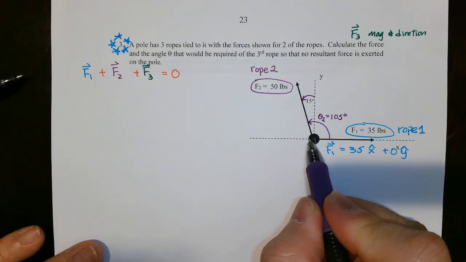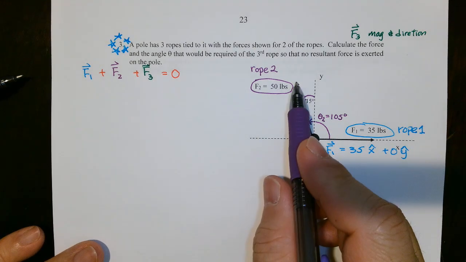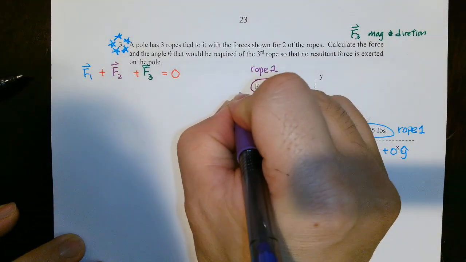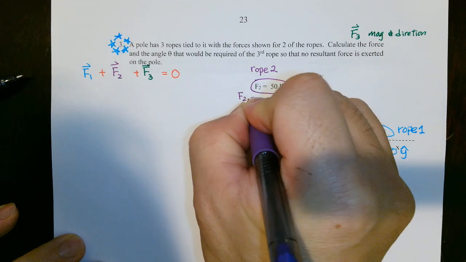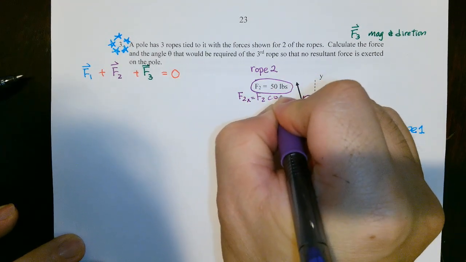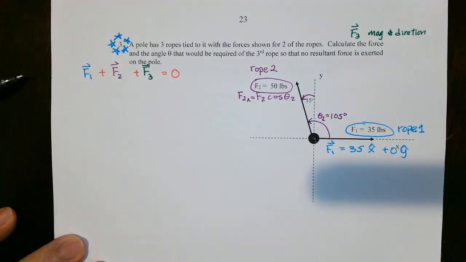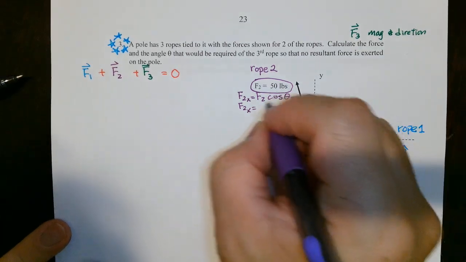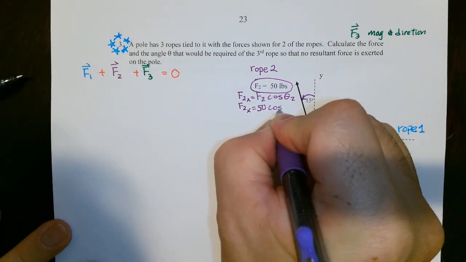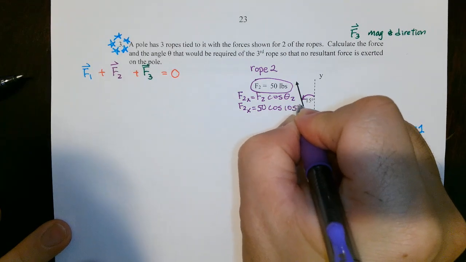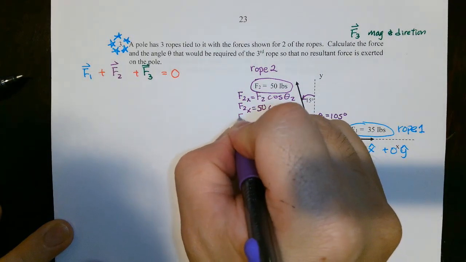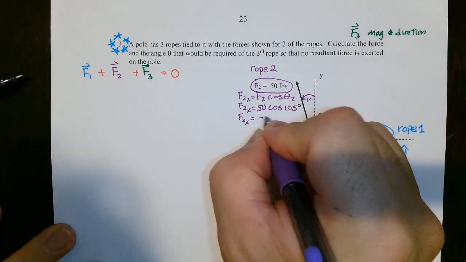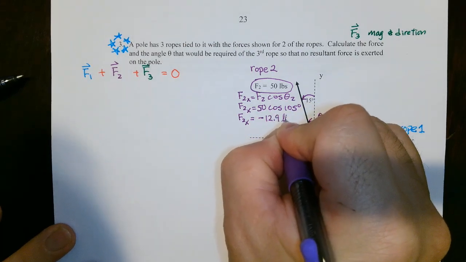So I can find my F2x and F2y knowing this angle. All right, so let's do that. F2x is F2 times cosine of theta 2, which is 50 times cosine of 105. So my F2x is equal to negative 12.9 pounds.